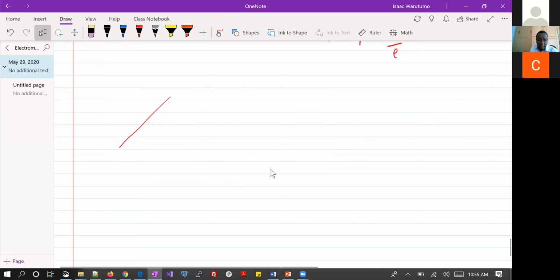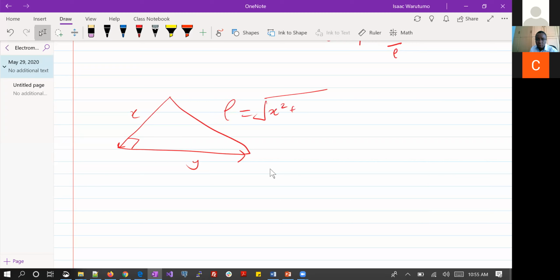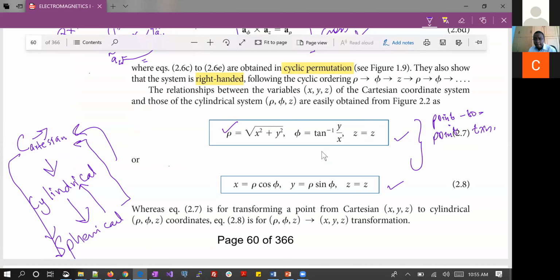This is my x, and my y is going like that, and therefore this is my right angle triangle. This is my hypotenuse rho, and therefore obviously we know that rho is given by root of x squared plus y squared. So again, I don't have to teach you the basics of mathematics because you have gone through them before.